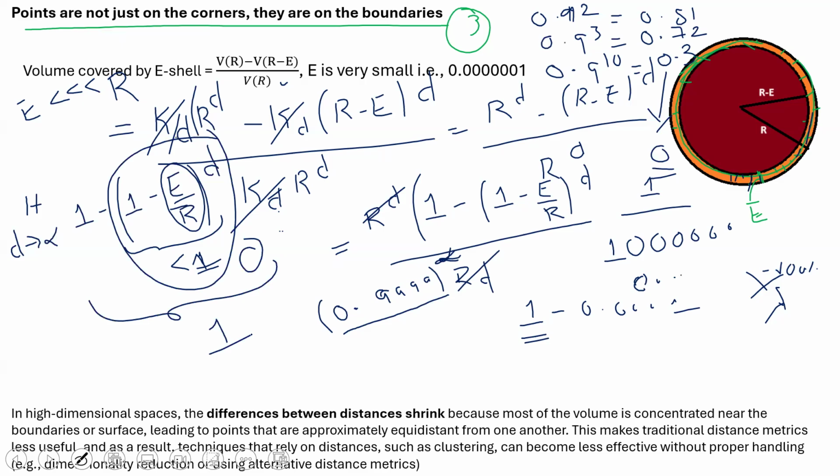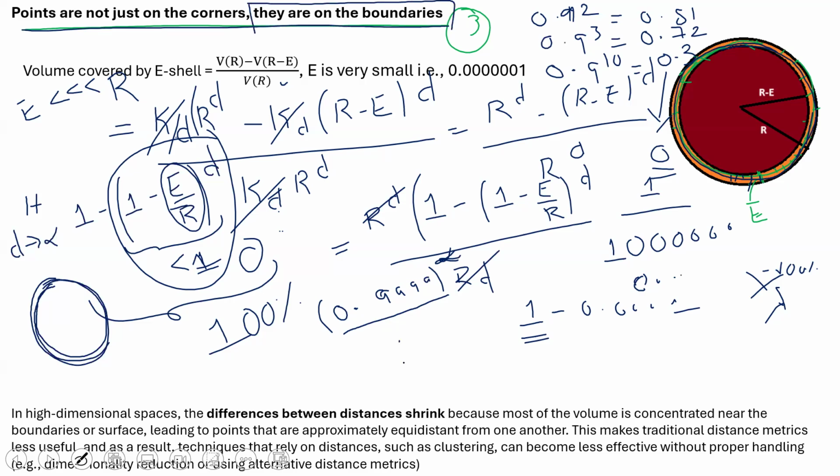It means 100% of volume is residing in this small edge, I would say surface. So when you take any diagram, this small space, the surface, is occupying 100% of volume. That means all the points are not only in the corners, but on the boundaries, on the surface.